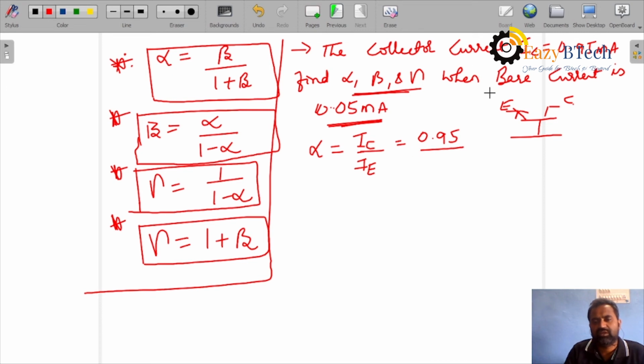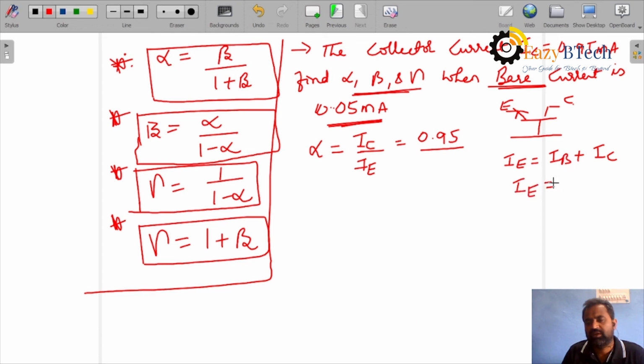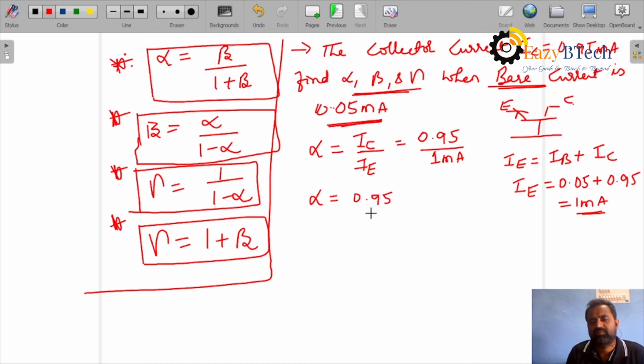Here IE is not given, the base current has been given. Now you can find IE is equal to IB plus IC, that is 0.05 plus 0.95, which is 1 milliampere. Now the value of alpha is 0.95.